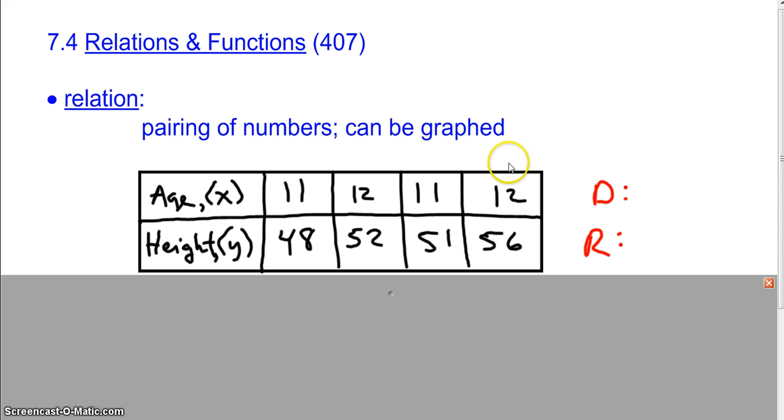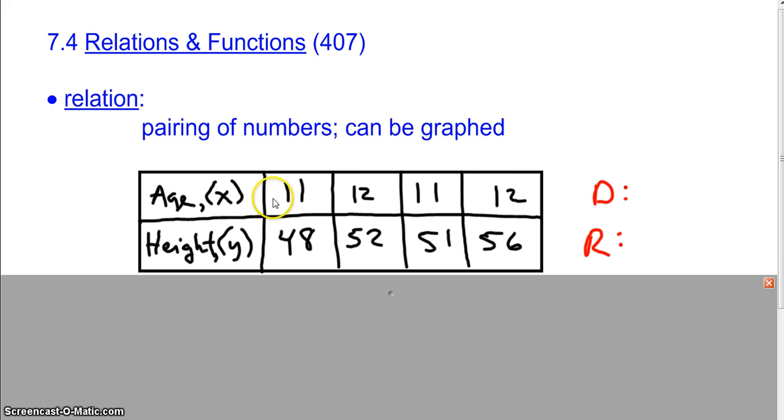Okay? So we could label the age x values and the height y values. We could do it the other way as well. But labels are important, so we know what we're talking about, right? The inputs, in this case, are the age, x, and we use another word to describe all of the inputs.